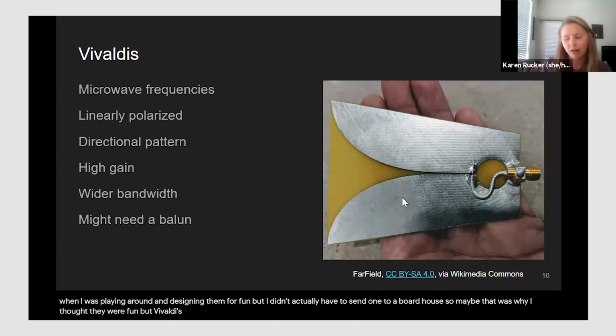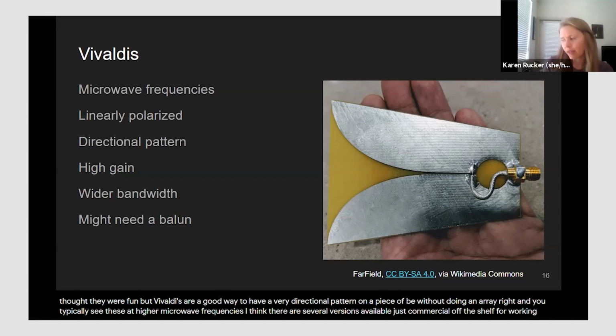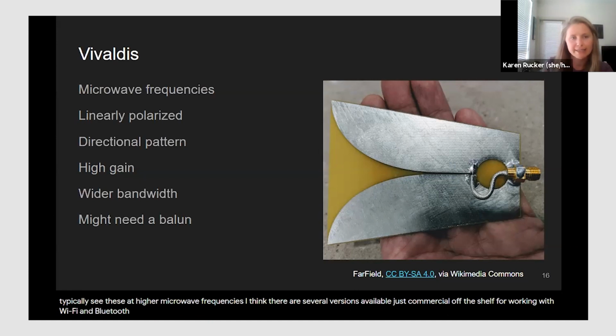But Vivaldis are a good way to have a very directional pattern on a PCB without doing an array, right? You typically see these at higher microwave frequencies. I think there are several versions available, just commercial off the shelf, for working with Wi-Fi and Bluetooth frequencies that I've seen that are pretty cheap. They are linearly polarized, again, a directional pattern, so that means that they have high gain, right?